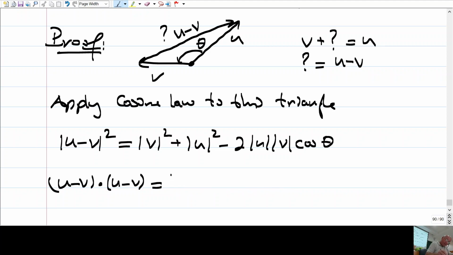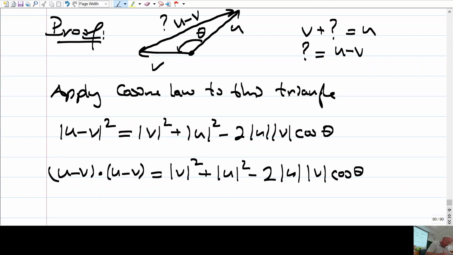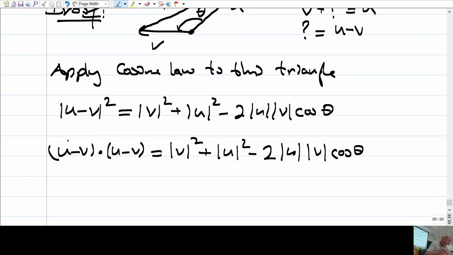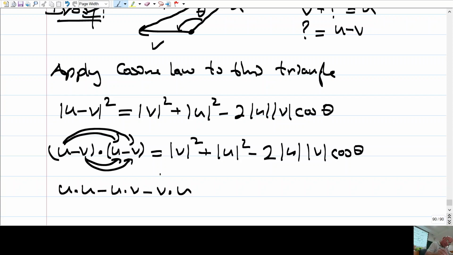Let me just keep this. Okay. Here I have what? I can open this up. This is u dot u minus u dot v, and then minus v dot u, and then v dot v.